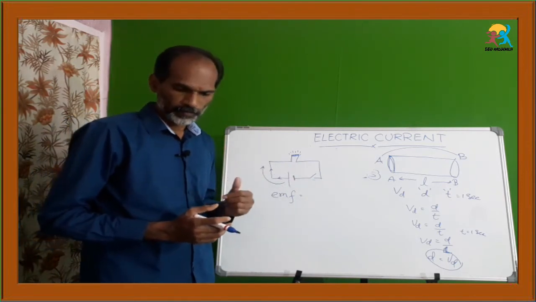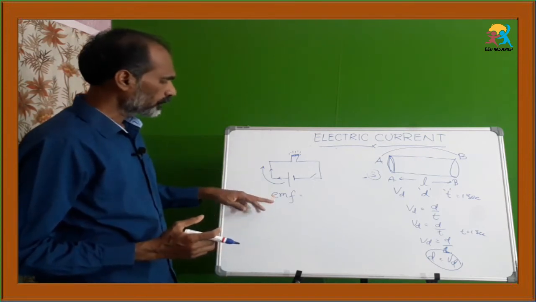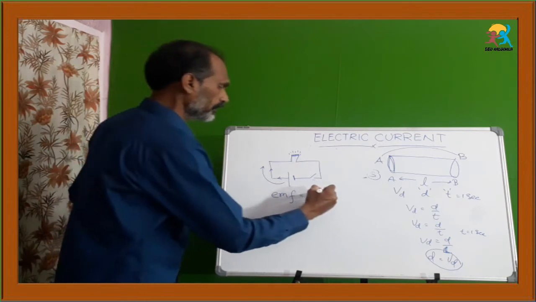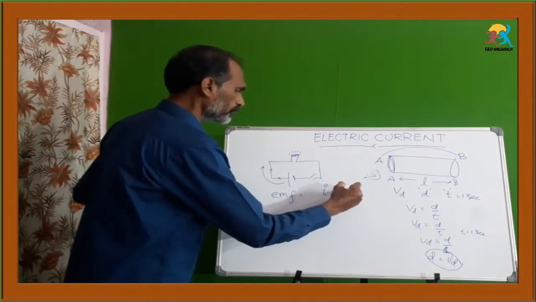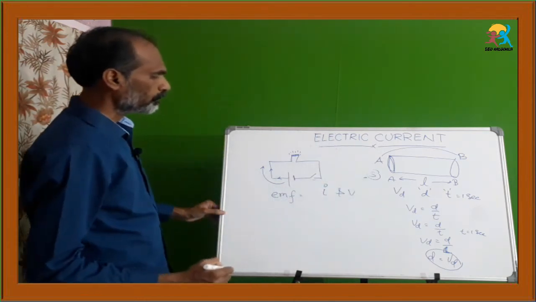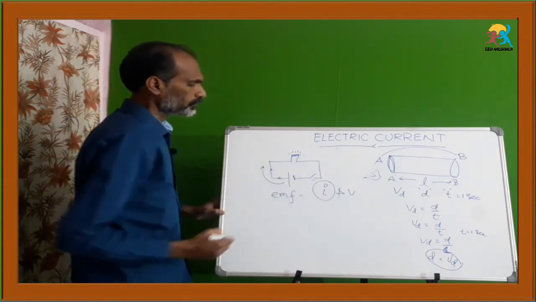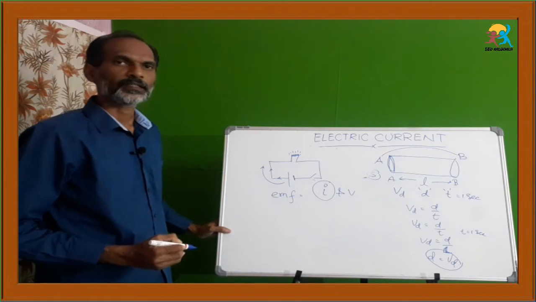Now we will try to understand the relationship between the electric current I and the potential difference. Before that, we will understand the measurement of electric current.